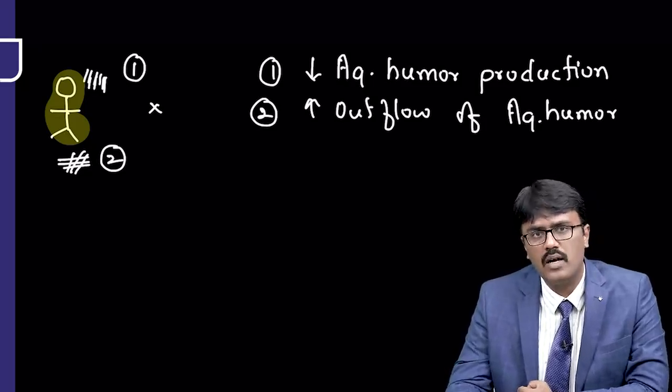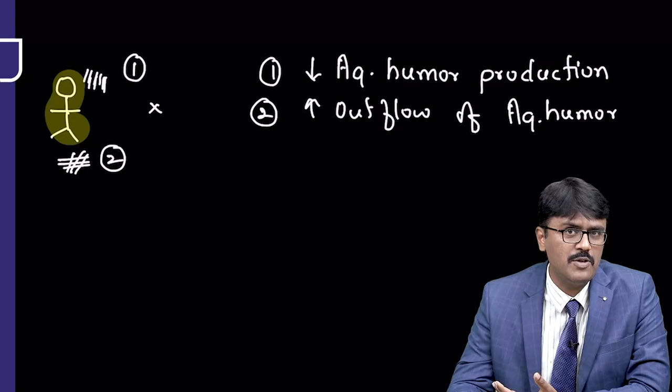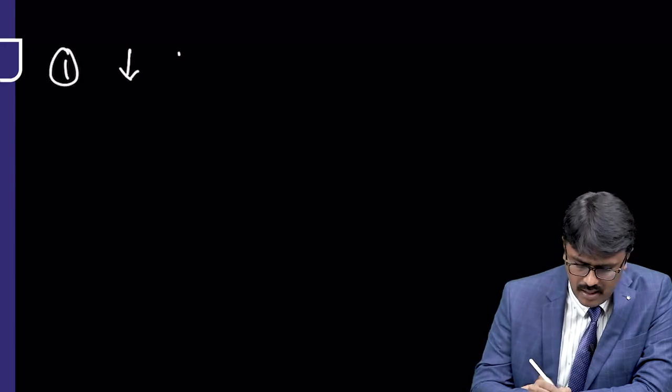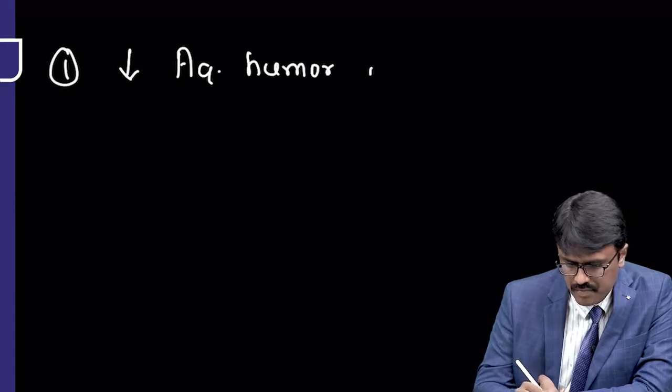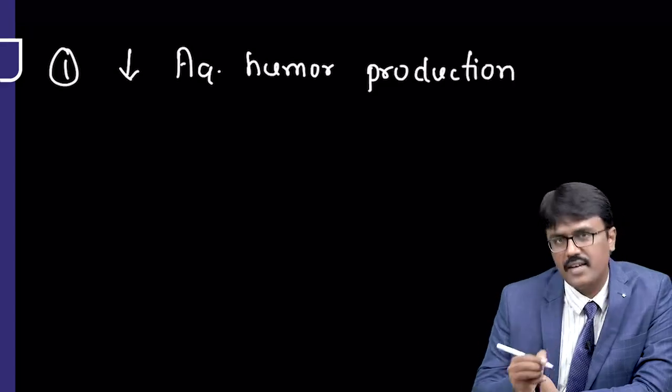First we'll see what we can do to decrease aqueous humor production. You know where it is produced from? The ciliary body. The aim is to decrease aqueous humor production. So what are we going to do here?